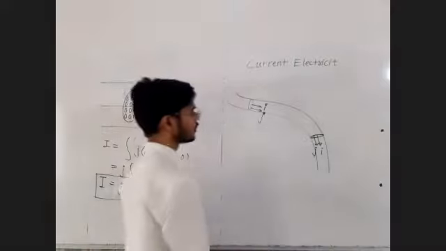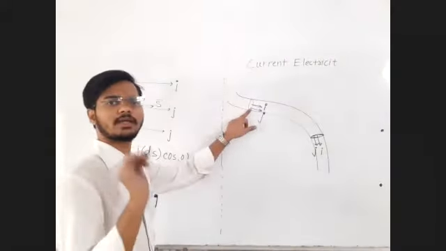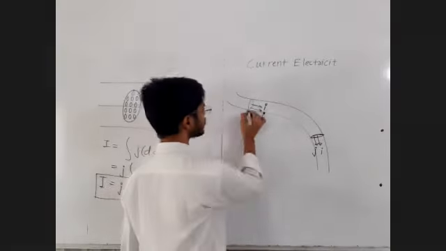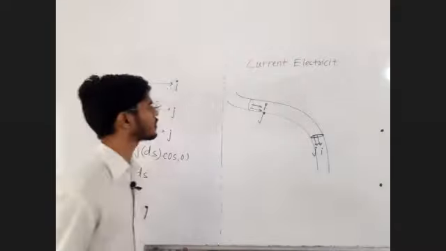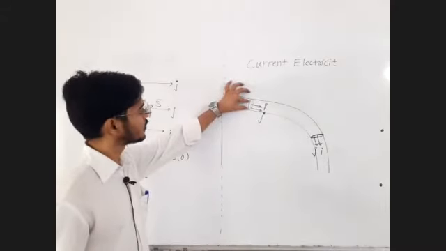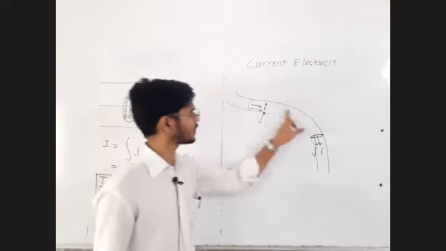Now this current density is a concept at a given point. So it's a perfect vector. It has absolutely no problem with that. Current density is a vector quantity. But current you cannot say vector quantity because same current is flowing everywhere.